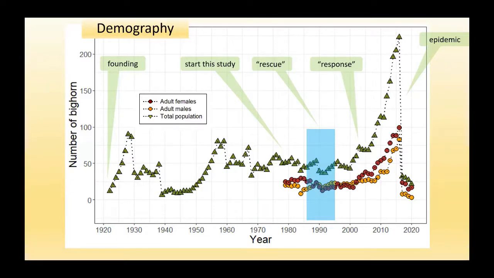Roughly the beginning of what we would assume is the response to the admixture in the genetic rescue, ultimately culminating in a population of 223 resident bighorn in spring of 2016, which is immediately prior to the severe epidemic of fatal pneumonia that is in question here.